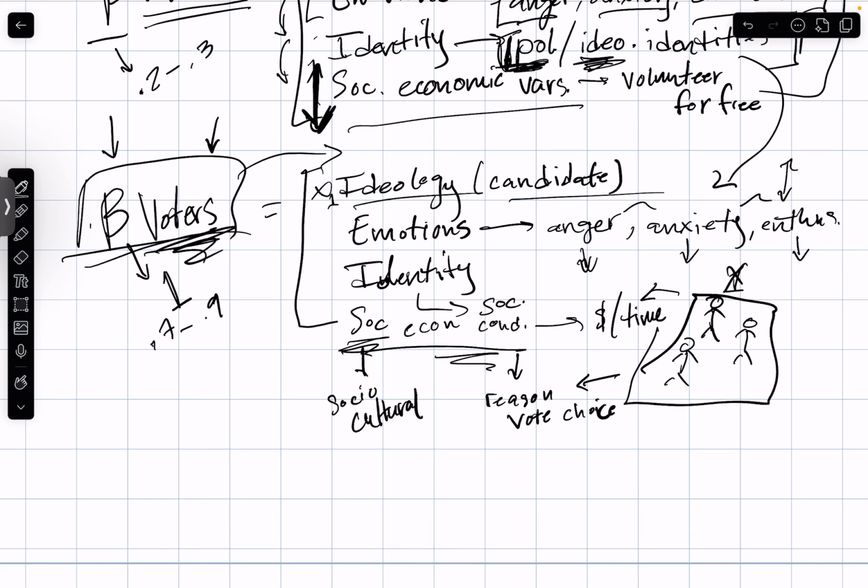Pick your social issue. I don't like that abortions are illegal or legal. I don't like that trans people are either being banned from sports or they're playing in sports. Whatever it is, right? These are also reasons that people decide whether or not to vote and who to vote for. Okay, so this is an important one.